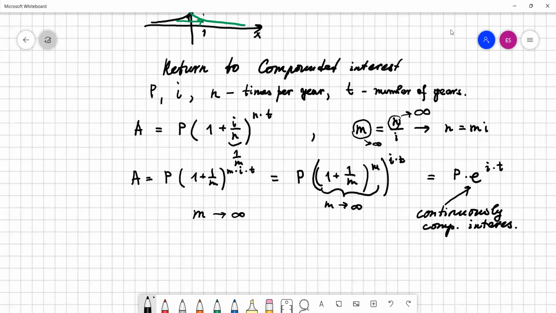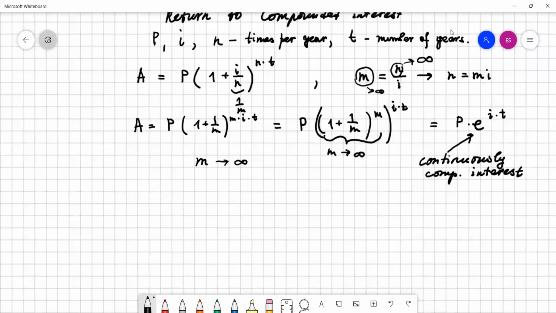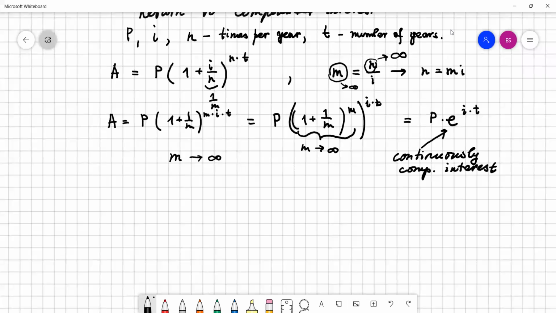Well, the formula looks much better than just compound interest, right? Let's use this formula for the problem we had before. So I'm going to write down the problem.